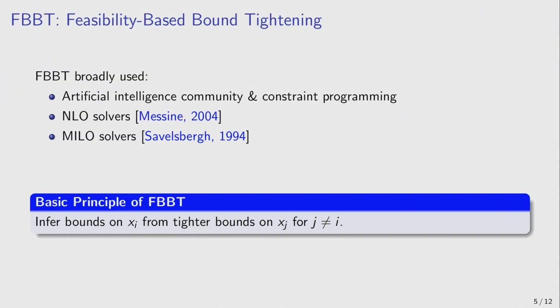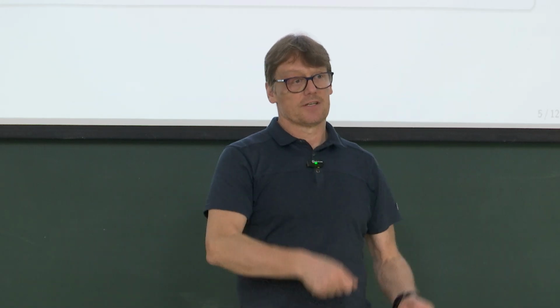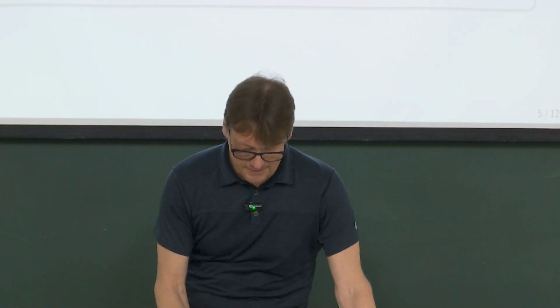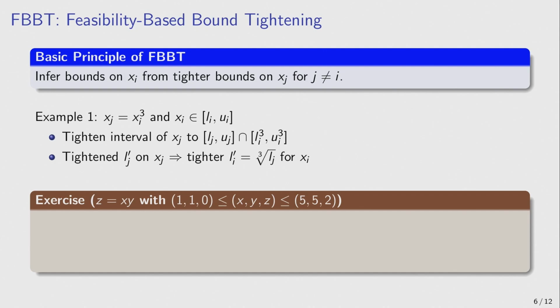First, this is feasibility-based bound tightening. It's known in the constraint programming community, and it's done for nonlinear optimization and mixed integer linear optimization solvers. These are very simple rules. Given bounds on one of the variables, how do I get bounds on another variable? Here's one example. I have xj is xi cubed, and I assume that I have bounds on xi and on xj.